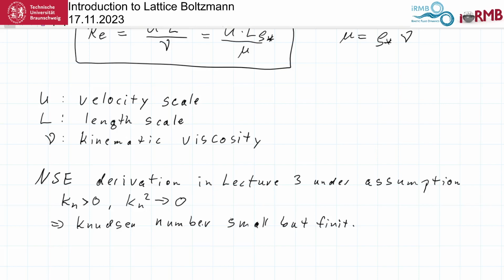And in case you have already heard about this and wonder why we are not going to do this, this is related to the fact that the Chapman-Enskog expansion is a valid analysis tool for the Boltzmann equation, where you want to get the large scale behavior of the Boltzmann equation, so the behavior on a larger scale.